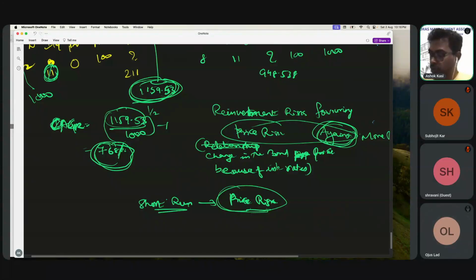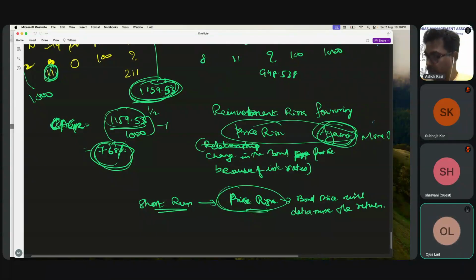When you are a short term investor, bond price will determine the return. If bond price is going up, your returns are high. Is it okay? Yes.